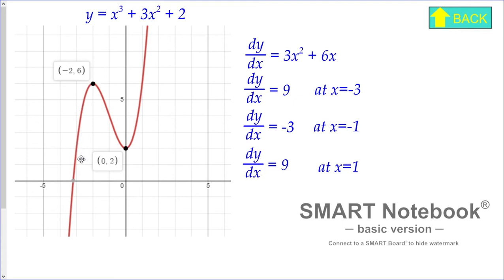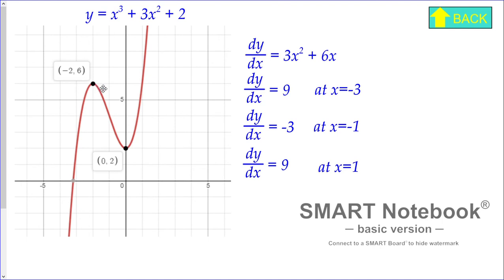Maximums occur when the gradient is very positive, goes to 0, and then turns negative. So I'm going to put minus 3 into our gradient function to find out what the gradient is before our maximum. If I substitute minus 3 in here, I will get 9. That is a positive value.